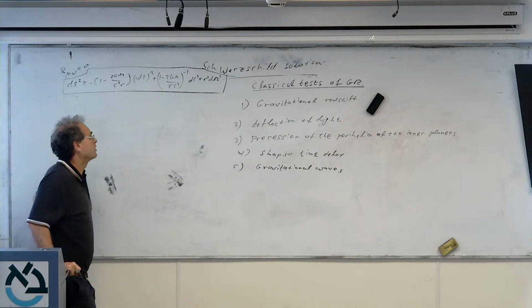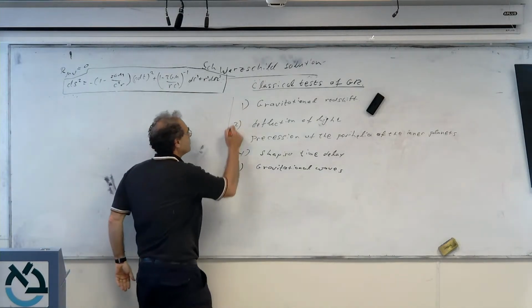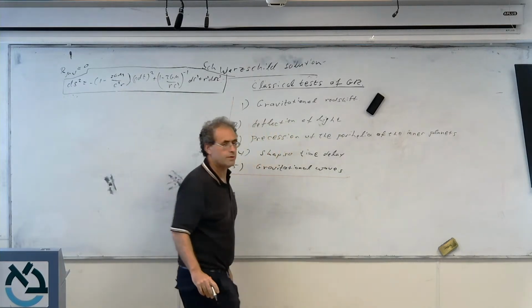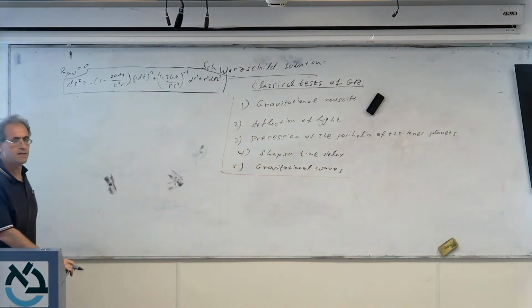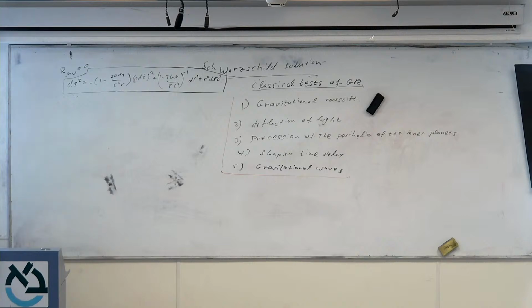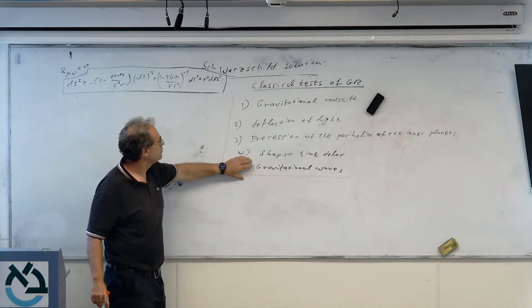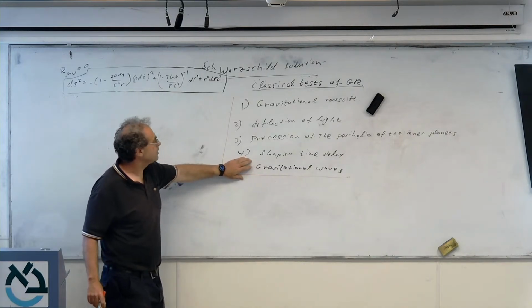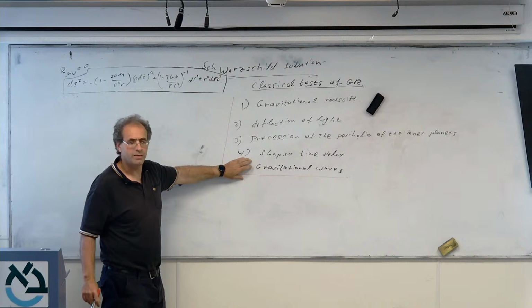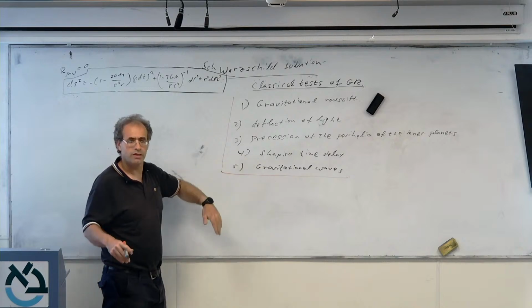So what is gravitational redshift? This is something which we already discussed in a way, but we did it in the weak field limit. Now, with the Schwarzschild metric, we have the full result. Another thing which I should say, all except the last one are measurements that can be done and were done in the solar neighborhood.